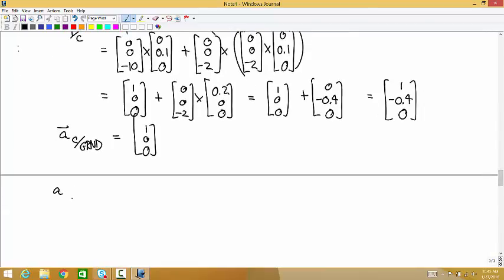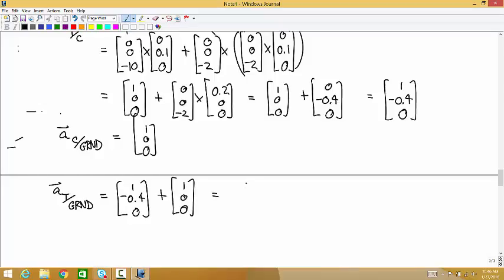So the acceleration of the top relative to the ground is 1, -0.4, 0 plus 1, 0, 0 equals 2, -0.4, 0.